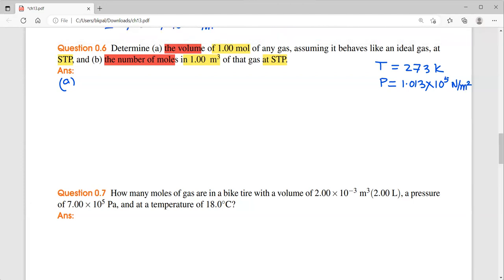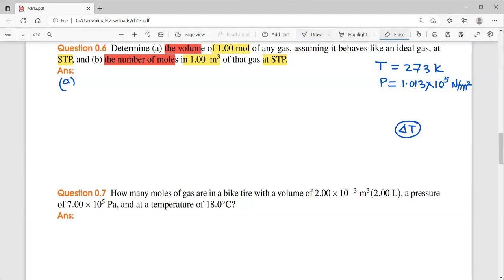So STP means this pressure and this temperature. And remember that whenever we have T in any equation, we have to plug the value in Kelvin. If it is delta T, then we can use either Kelvin or degree Celsius, it doesn't matter. But whenever we have T in an equation, it must be in Kelvin.